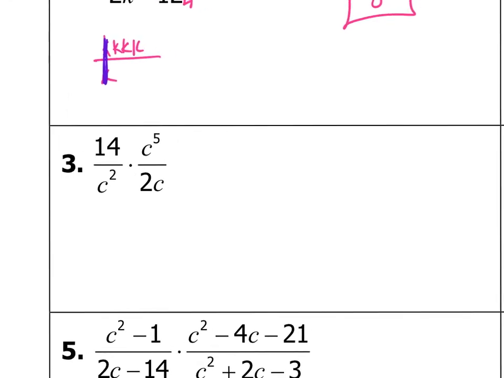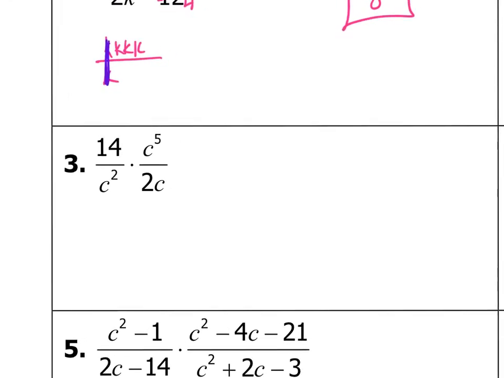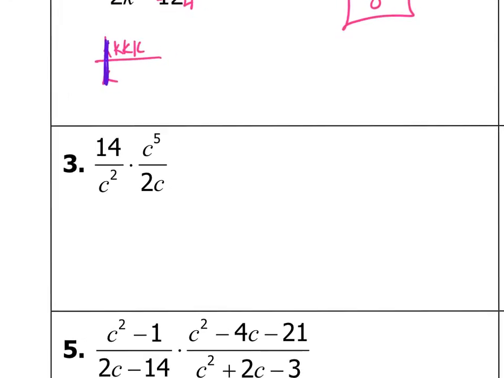Okay, here we go again. Number 3. So 2 goes into 2 one time and into 14 7 times. And then I'm going to go ahead and do my variables. So I have 5 C's on top and 3 C's on bottom.